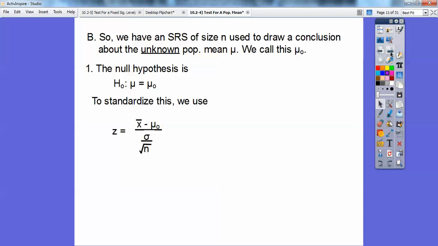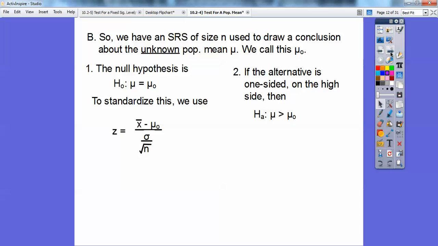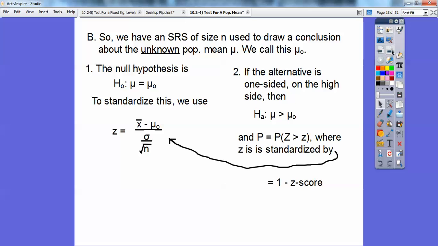If your alternative hypothesis is one-sided, greater than or less than, then you say the population mean is greater than mu sub 0. That's what that says right there.